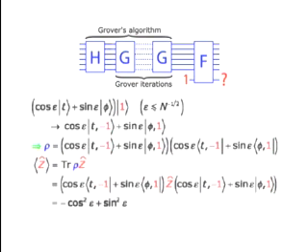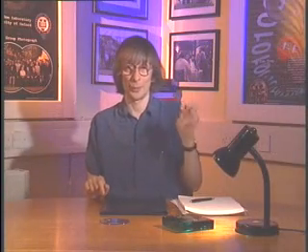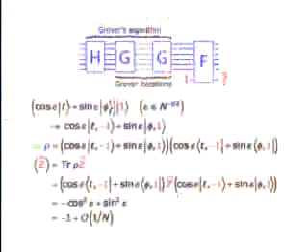So we get the expectation value minus cos squared epsilon plus sine squared epsilon, which is -1 plus the order of epsilon squared. So the probability of seeing a wrong answer, that is, the proportion of universes in which the answer will be wrong, is of order 1 over n.